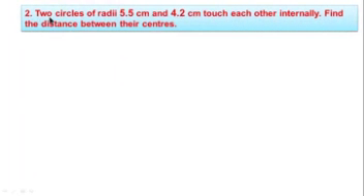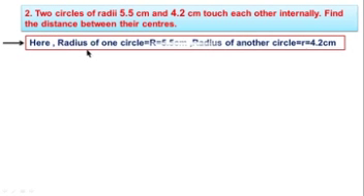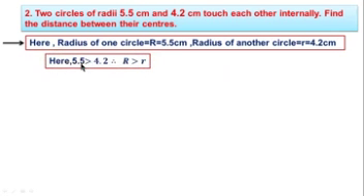Two, here, the circles of radii 5.5 centimeters and 4.2 centimeters touch each other internally. Find the distance between their centers. Here, the radius of one circle, R, is equal to 5.5 centimeters. The radius of another circle, r, is equal to 4.2 centimeters. Here, 5.5 is greater than 4.2, means this capital R, this radius, is greater than small r.